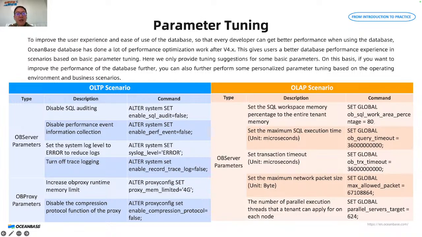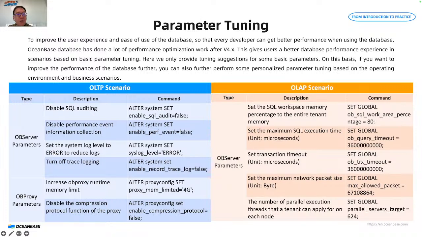The parameters related to OB proxy are mainly to improve the performance and stability of the OB proxy in large traffic scenarios. Tuning of the compression protocol is to reduce the CPU usage of proxy. When the CPU is limited, we can make corresponding configurations to improve the overall performance of proxy.